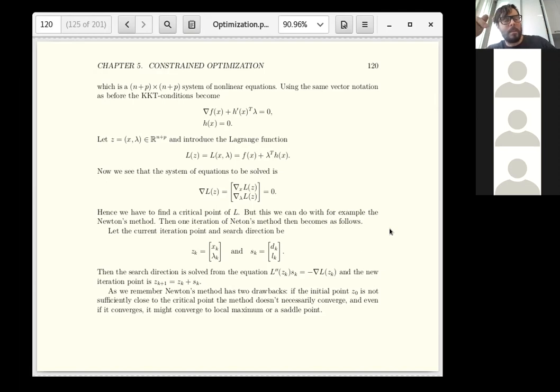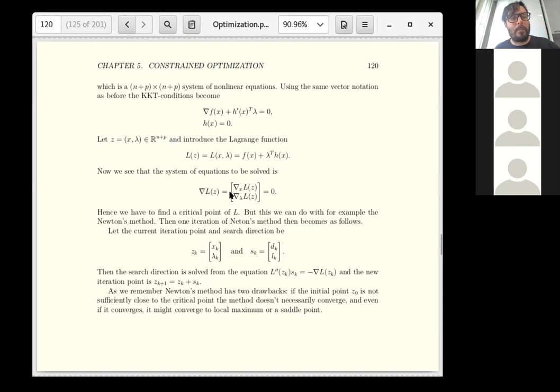So let's see. We would probably want to express this in terms of the KKT conditions. If we write this out, setting the gradient of L to 0, what does it amount to really? What is the gradient of that? If you calculate the gradient of L of z pertaining to x, that's simply the gradient of f.